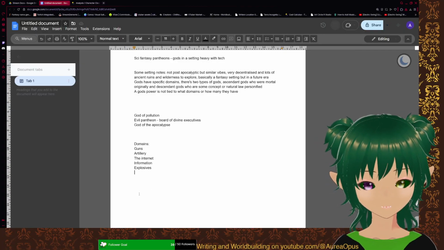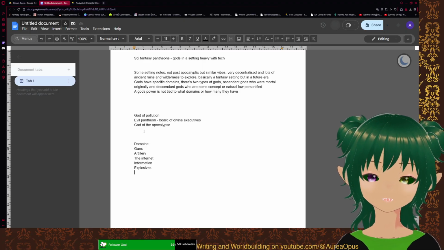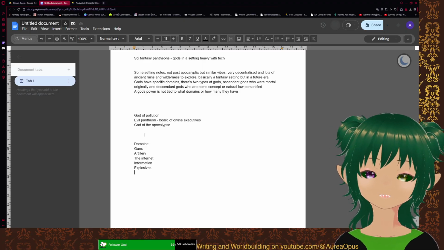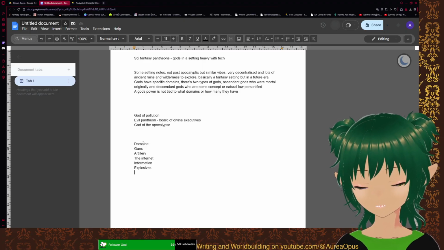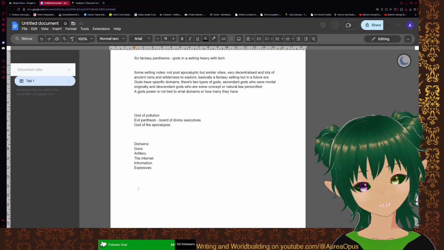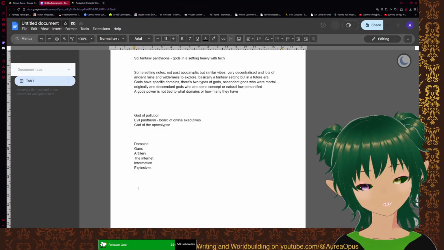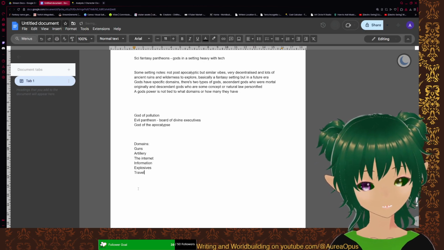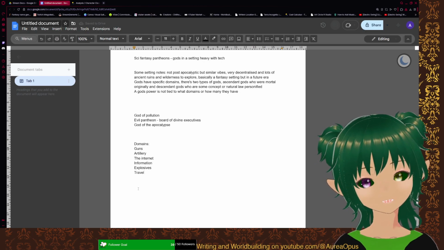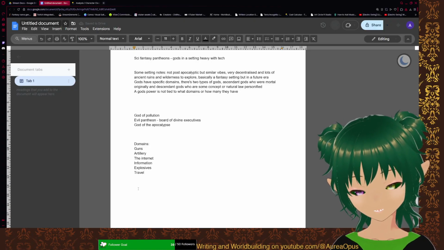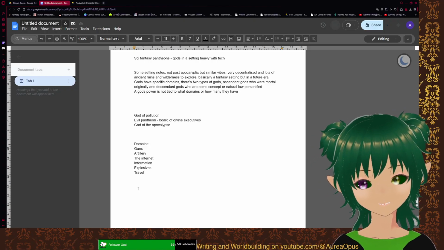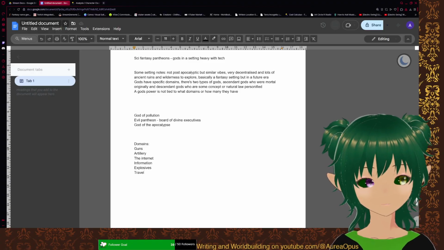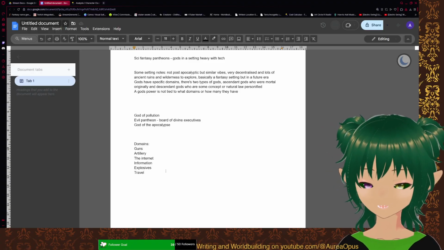What else can we think of here for potential tech or modern domains? Some would be probably pretty heavily changed, right? Like a god of travel. A god of travelers in a fantasy setting is like, oh, please keep me safe from wolves at night, that kind of thing.